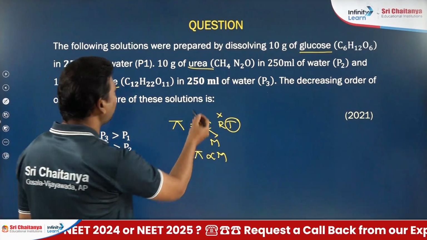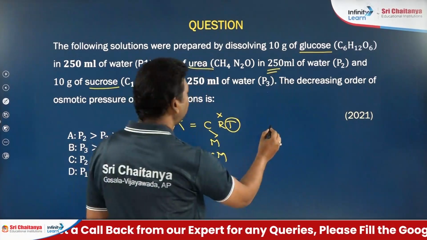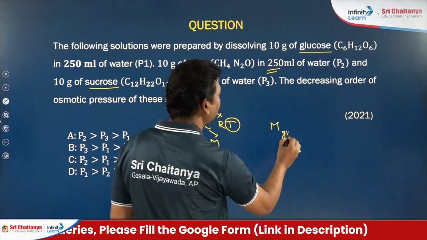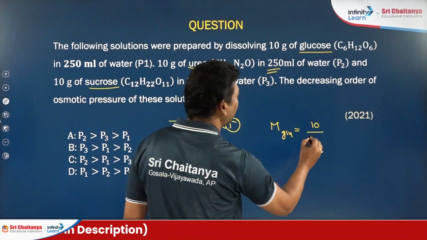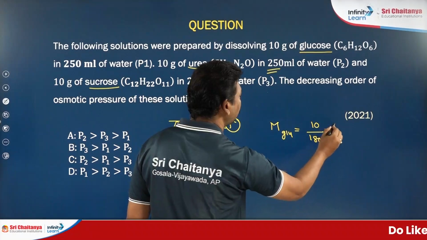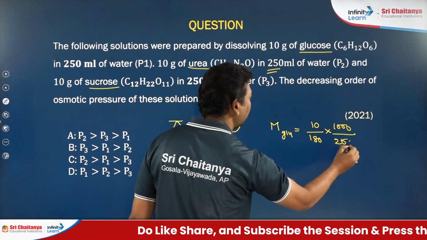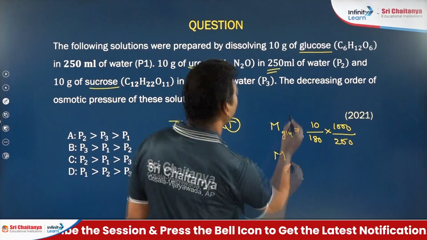So, concentration, how can we calculate? Through the molarity. And of course, the volume is also the same. Molarity of the glucose, M1: what is the weight of the glucose? 10 by molecular weight of the glucose, 180, into 1000 by what is the volume given in ml? 250 ml. What is the second one?